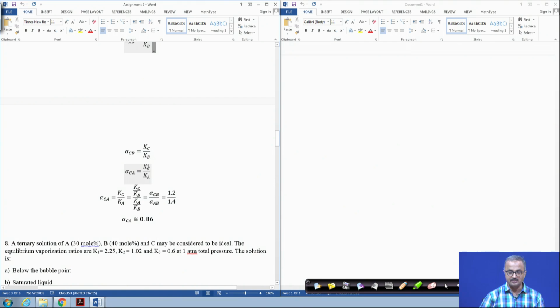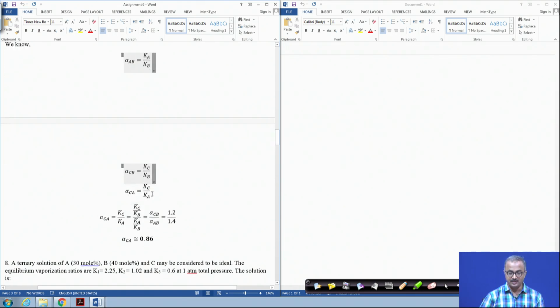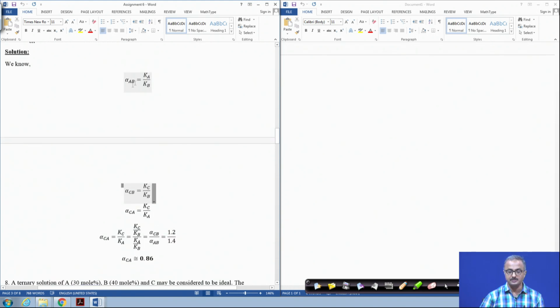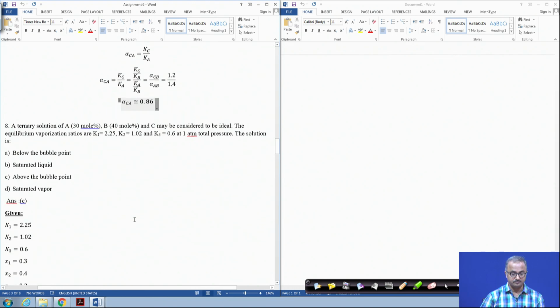Kc by Kb is alpha CB, and Kb by Ka is nothing but the reciprocal of alpha AB. With these two things we can find the value of alpha CA. So it is also quite simple.